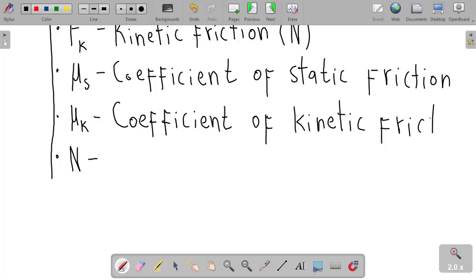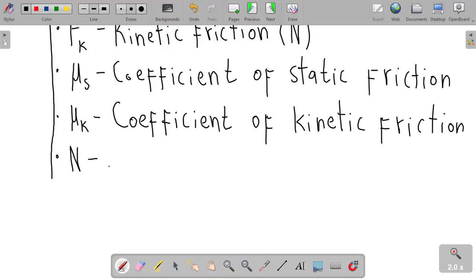For the coefficient here, there is no unit of measurement. It's just a number. Both of the coefficients don't have a unit of measurement.